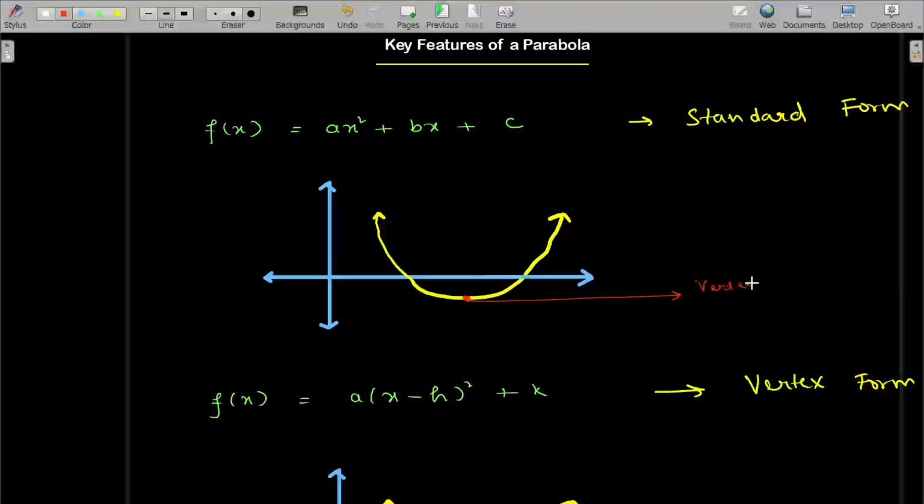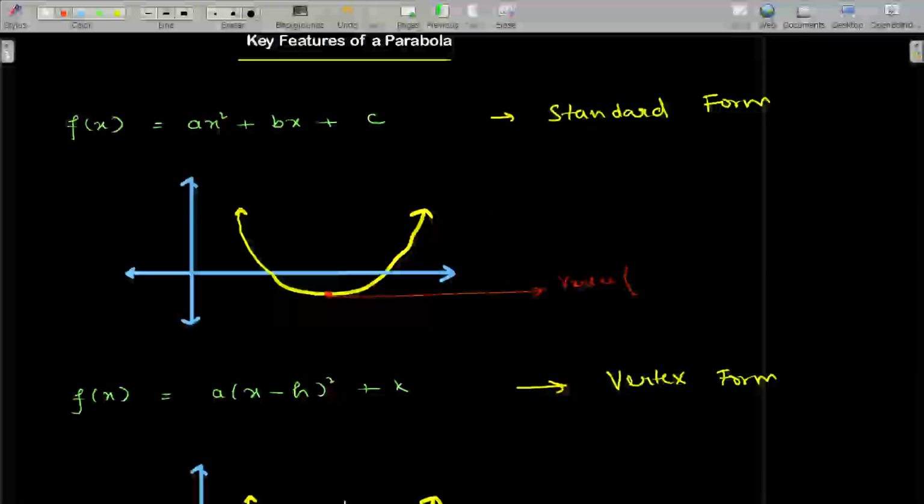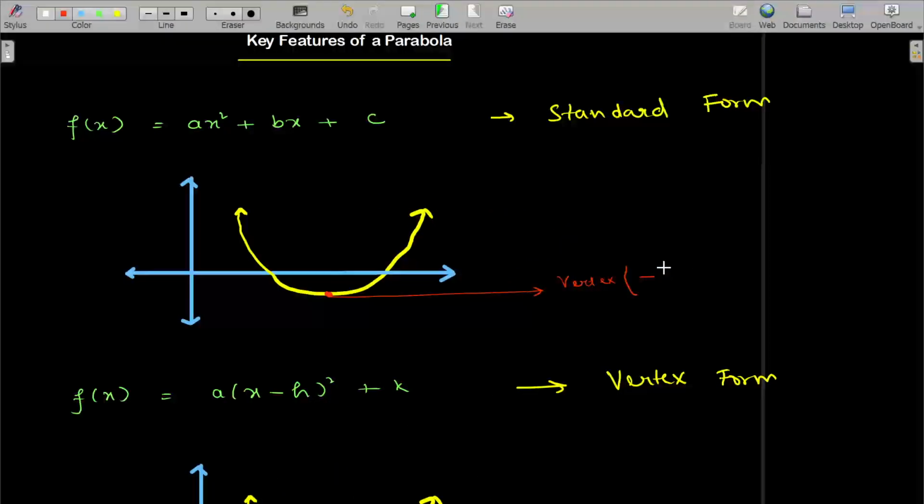So if your equation is in the standard form, you can directly find the vertex by doing negative b over 2a. You take that b, multiply it by a negative sign, divided by 2 times a.